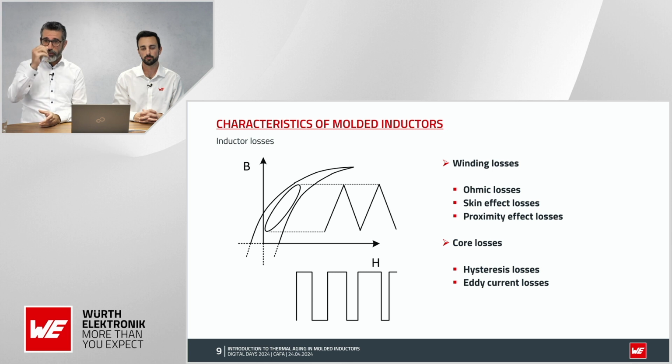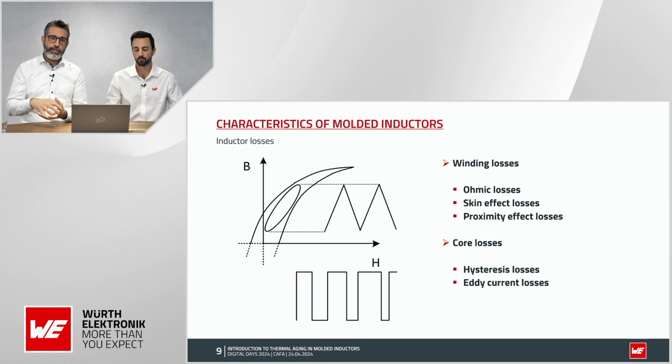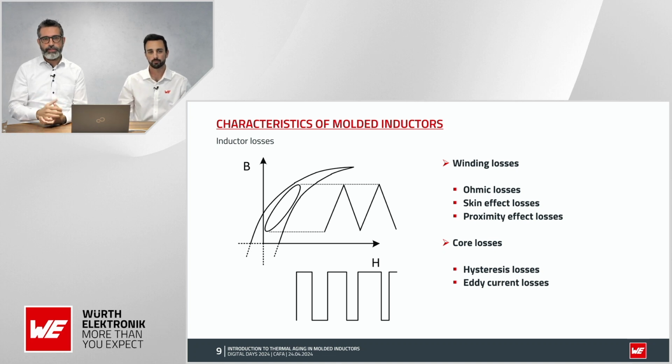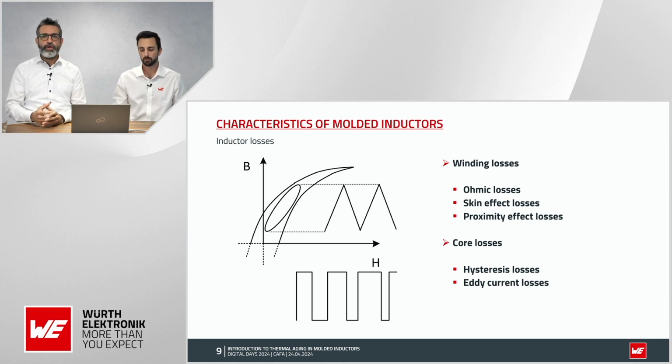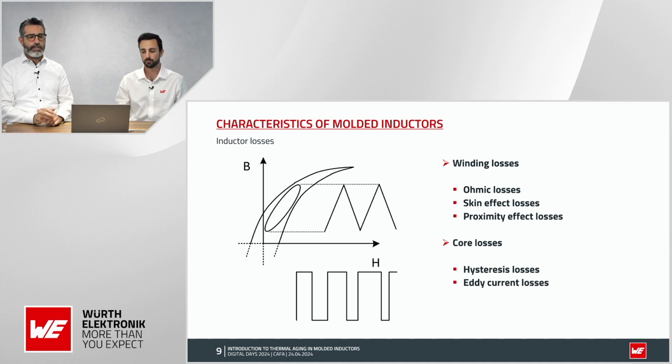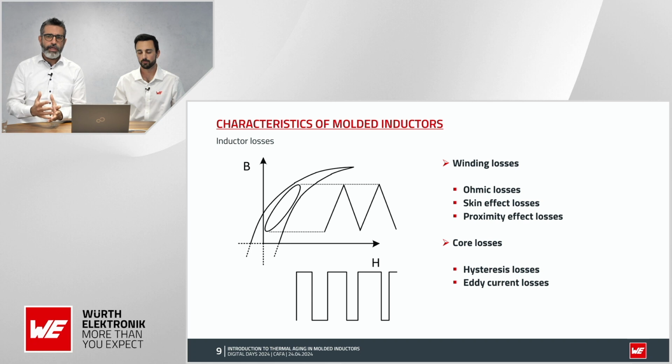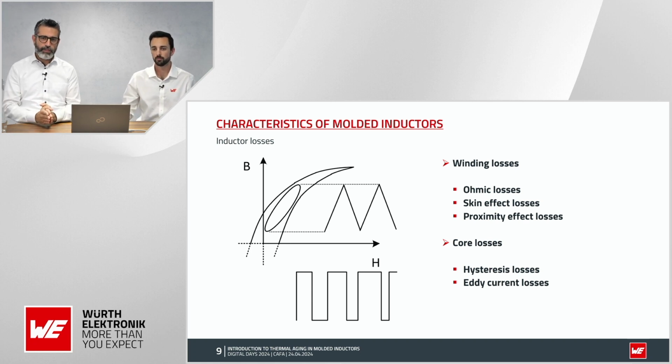So the winding losses, here we wrote ohmic losses, which refers to the heating of the copper itself, so the thermal properties of the copper. Once you throw current into the copper, the copper will start to heat by itself. Then you have also the skin effect, which depends on the frequency, in the frequency domain. And we have also proximity effect losses, which are the currents around the windings.